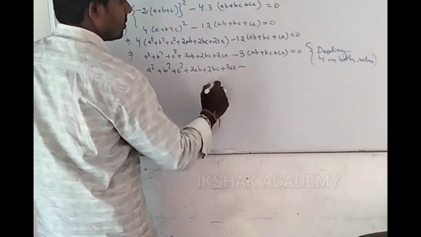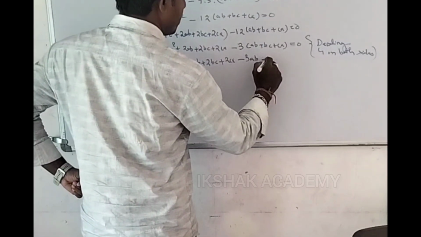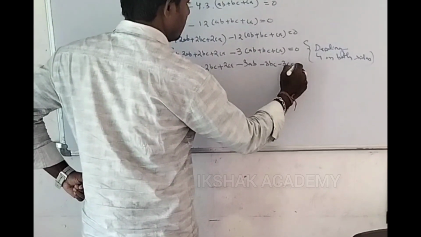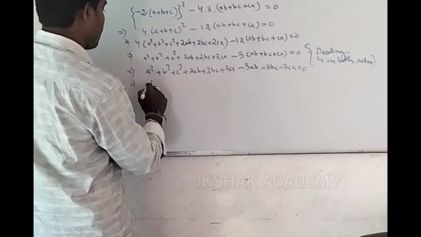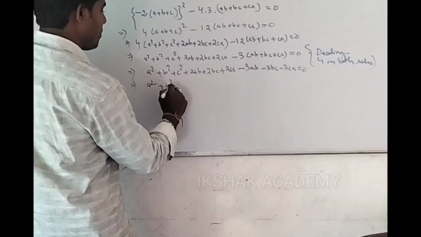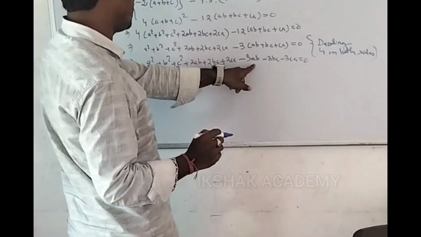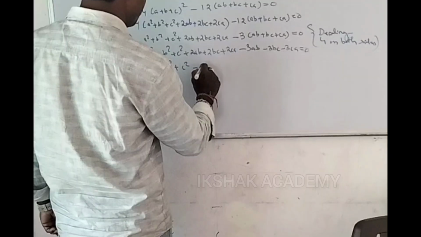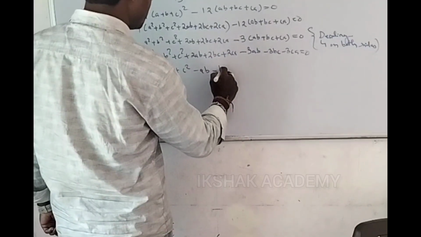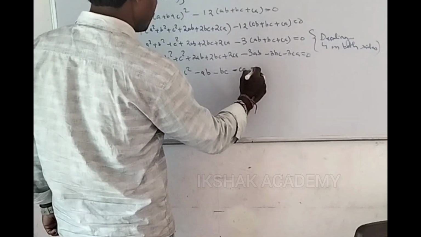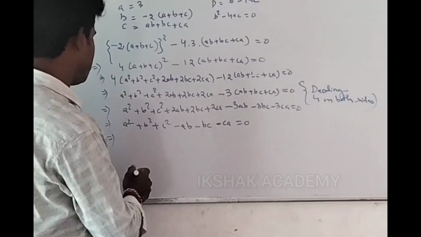Multiply these things: 3ab minus 3bc minus 3ca. So a square plus b square plus c square, 2ab minus 3ab, that is minus ab, 2bc minus 3bc, that is minus bc, this is minus ca. Then multiplying by 2.